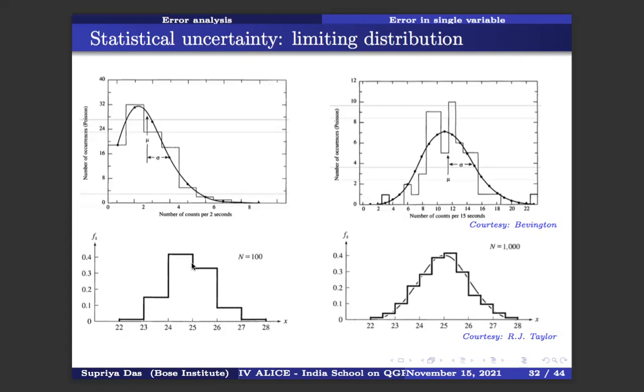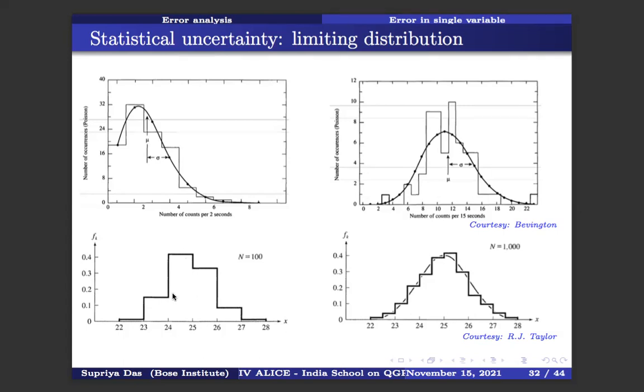You see, the importance is not only the mean, the importance is the spread. Here the calculation of the spread will not be easy, but if you take the right hand side graph, your mean measurement is still 25. It was 24.8, it has now become 25.